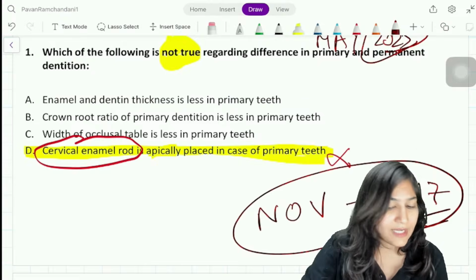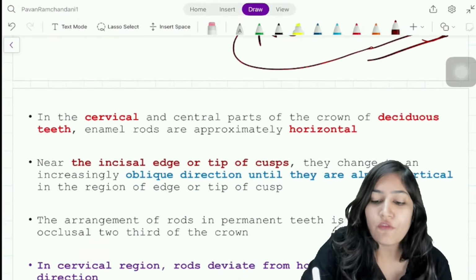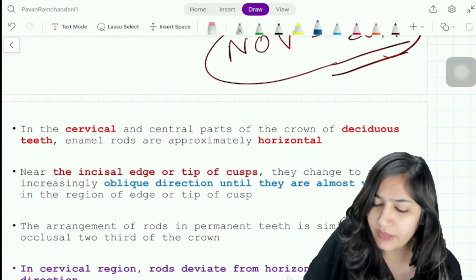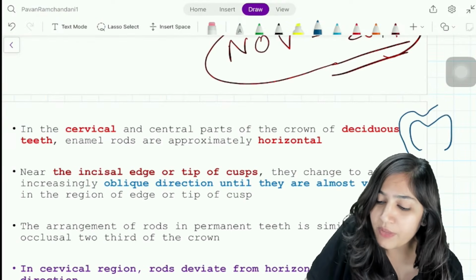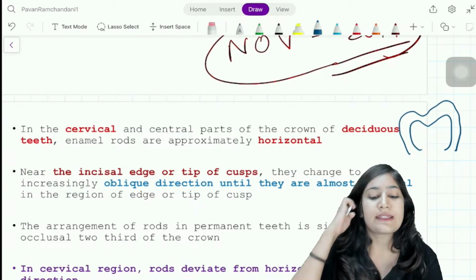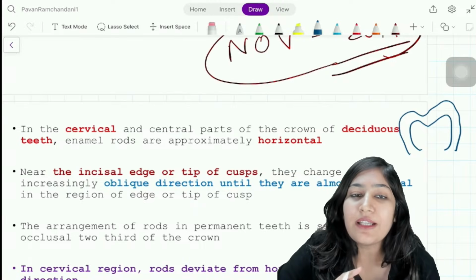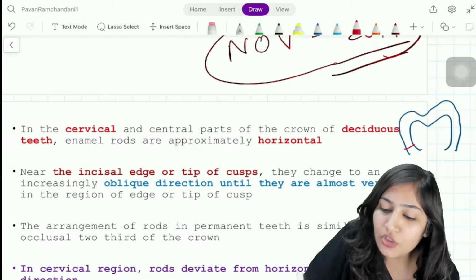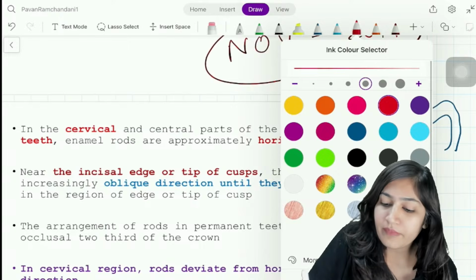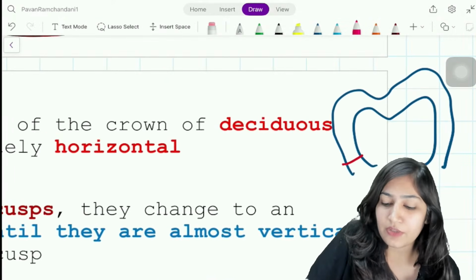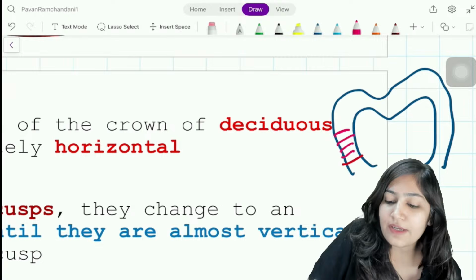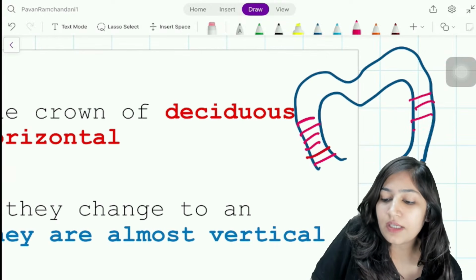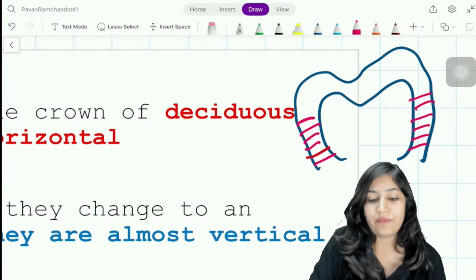So what will be the direction of enamel rods here? In the cervical and central parts of the deciduous tooth, there is mainly a horizontal arrangement of enamel rods. You can see here, I am drawing, it has a horizontal direction.